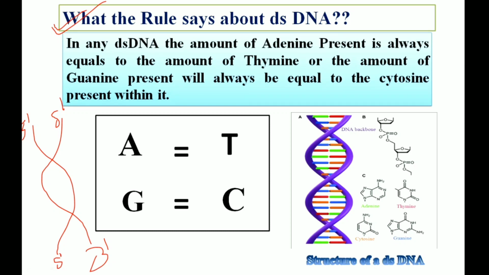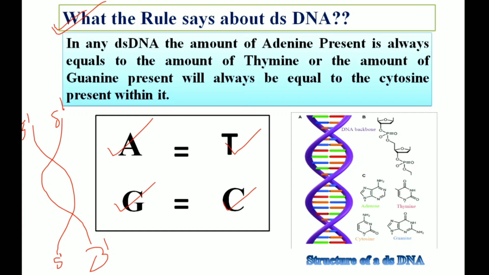And within these strands there are different nitrogenous bases. They are actually purines and pyrimidines. We know that adenine, thymine, guanine and cytosine are all nitrogenous bases, and there is some pairing between them.